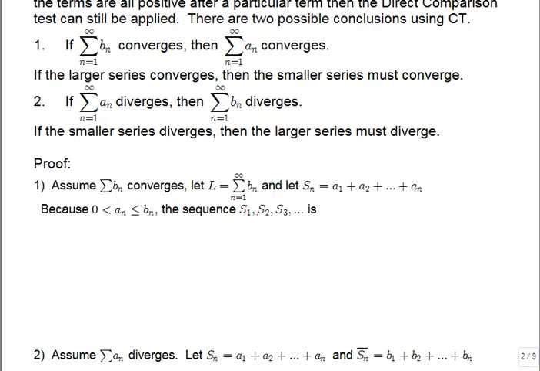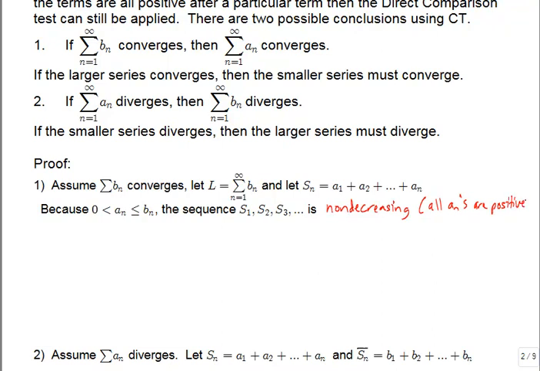In other words, this sequence of partial sums is increasing because you're just adding on the next term each time, and each term is positive. So we would say that this sequence s sub 1, s sub 2, s sub 3 is non-decreasing. That's just a fancy way of saying that it increases or stays the same. And that's because all of our a sub n's are positive.